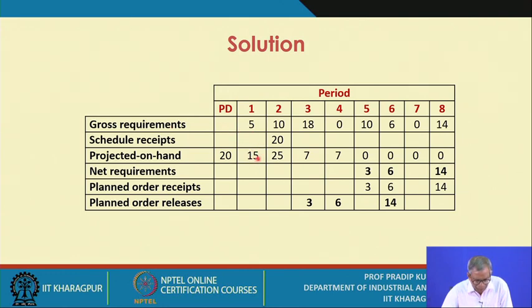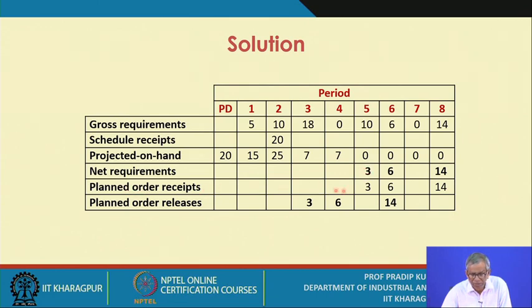This is 15, so 15 minus 10 plus 20 equals 25. 25 minus 18 is 7. Then there is 0 gross requirement, so this remains 7. Then obviously this will be 0. That means your gross requirement is 10 and your projected on hand is 0. So what you need to do? That means your net requirement is 3.